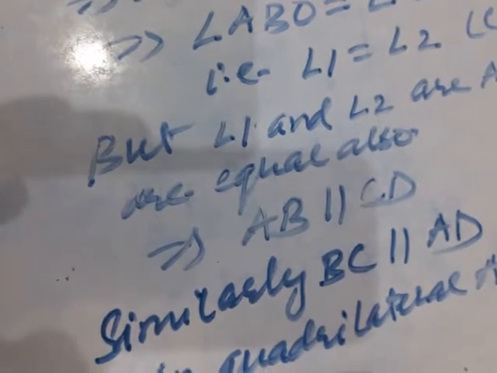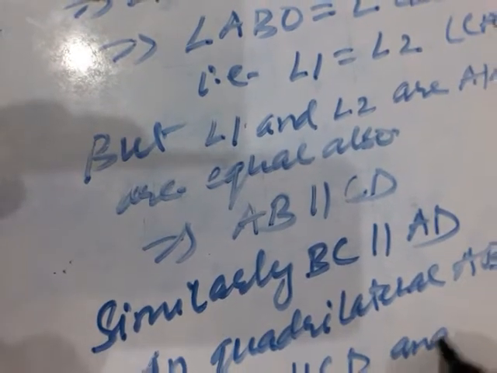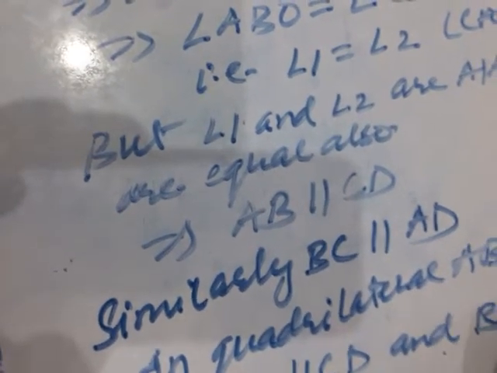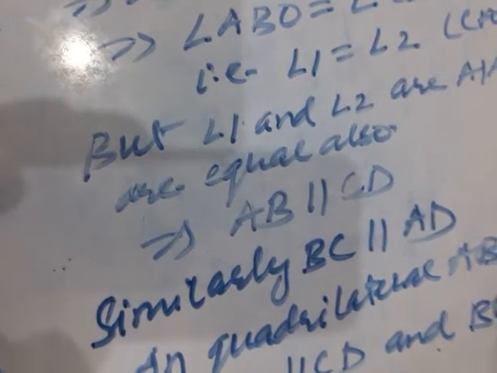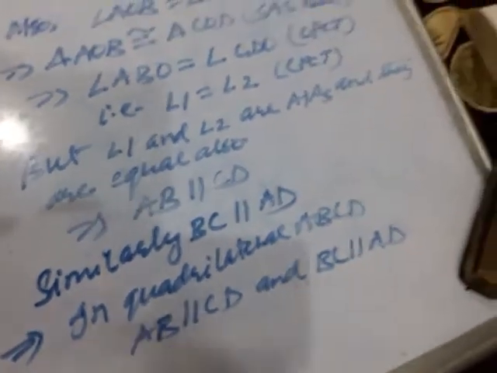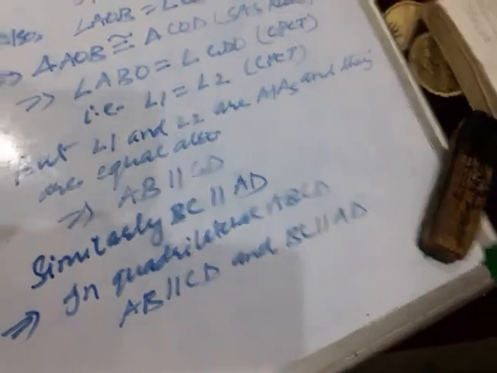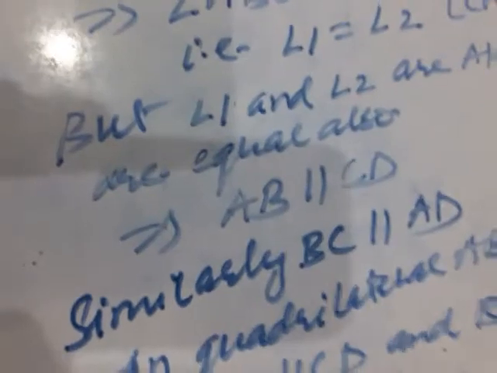AB is parallel to CD and BC is parallel to AD, means both pairs of opposite sides are parallel. This implies that ABCD is a parallelogram. Okay, children, that is proved.